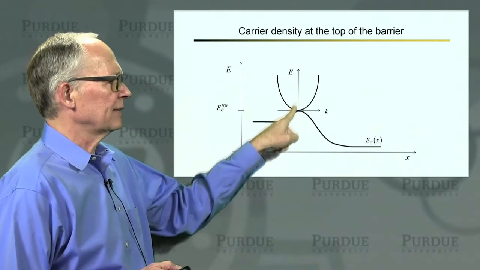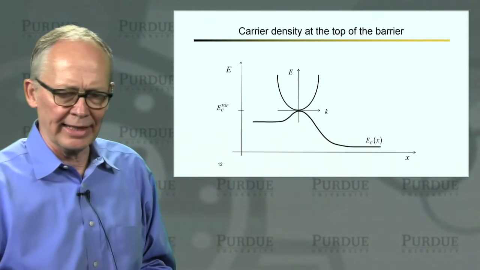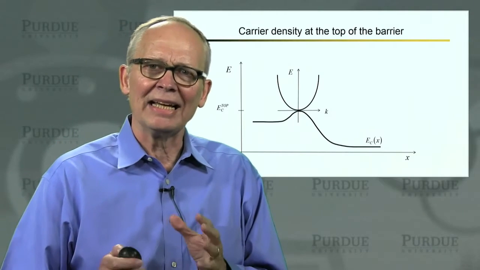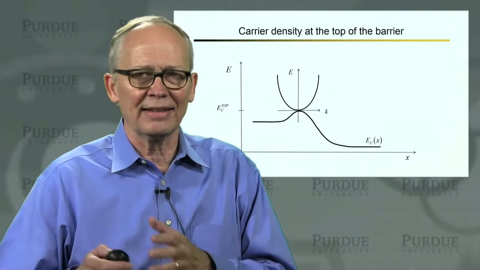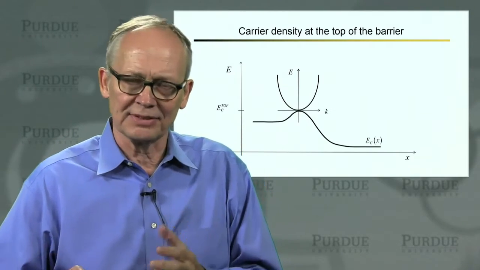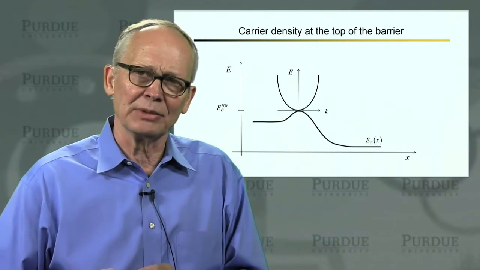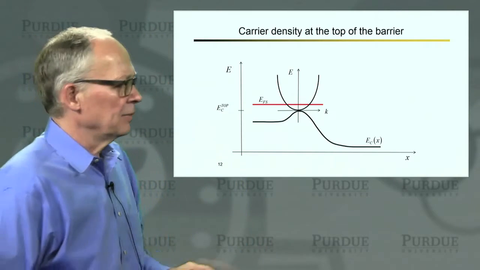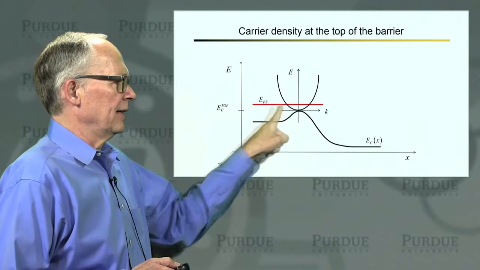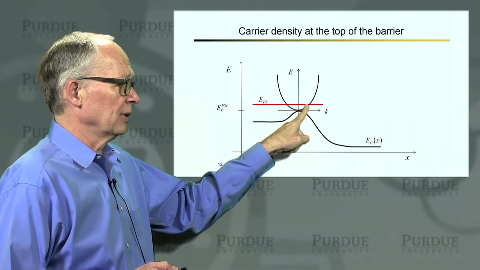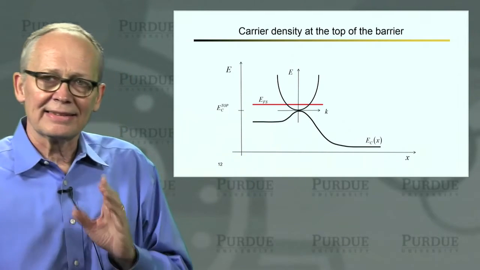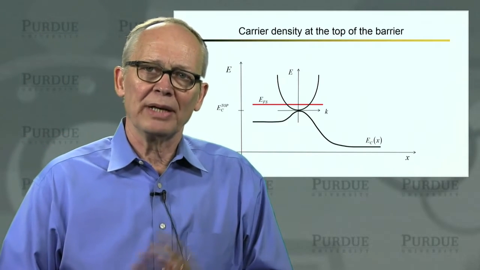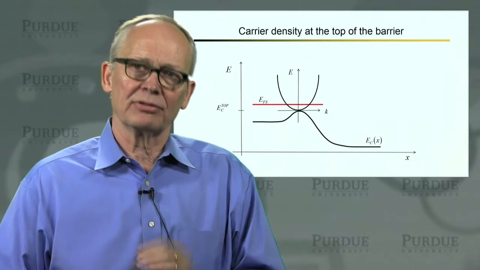Now, if I look at, say, an E-k band diagram in this small device, and assume that it's the same E-k that I would get in a bulk piece of semiconductor, and that's not an unreasonable assumption, then if I draw my Fermi level of the source in, the states at the top of the barrier will be occupied by electrons entering from the source.